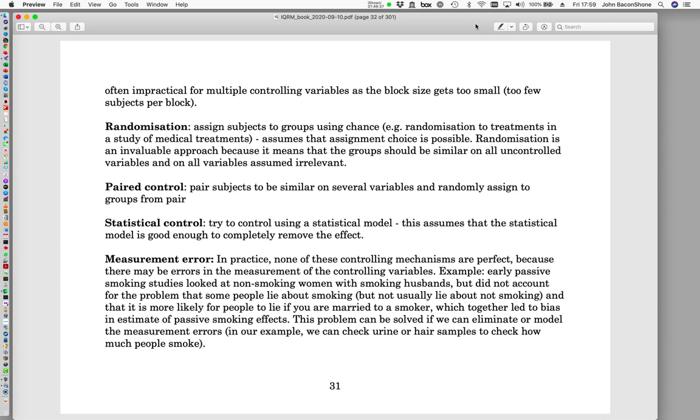Okay, so the question was, how do we assess that? So the first two major studies that looked at passive smoking were household based. So the logic went like this. If we compare non-smoking women with non-smoking husbands to non-smoking women with smoking husbands, okay?